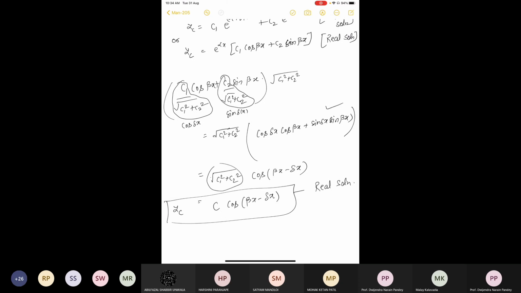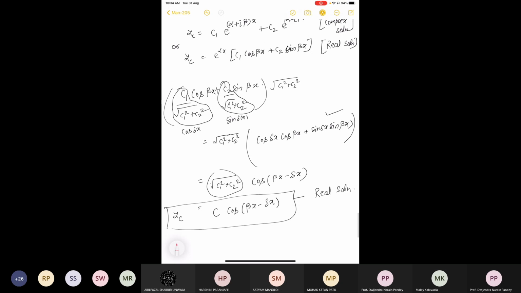Now, suppose somebody says why am I writing cos delta, I can write this as sine of some other gamma. Excuse me, sir. Yes. In the last expression for yc, e to power alpha x would also come, or where?